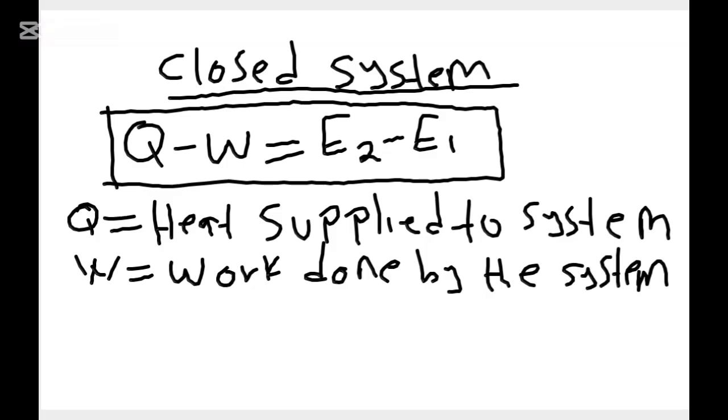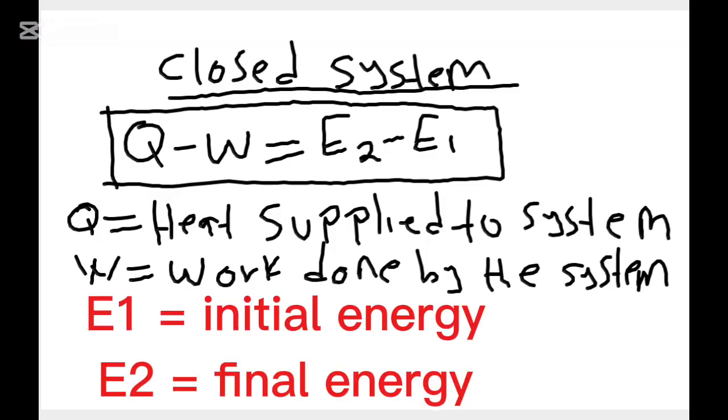And we have E1 and E2, or E2 and E1. Now let's see the polytropic process formula.